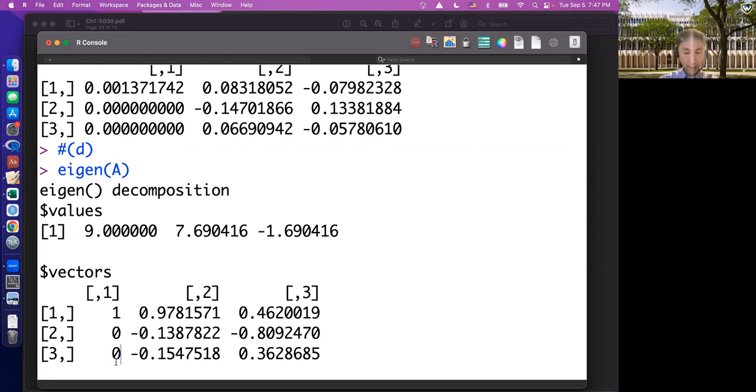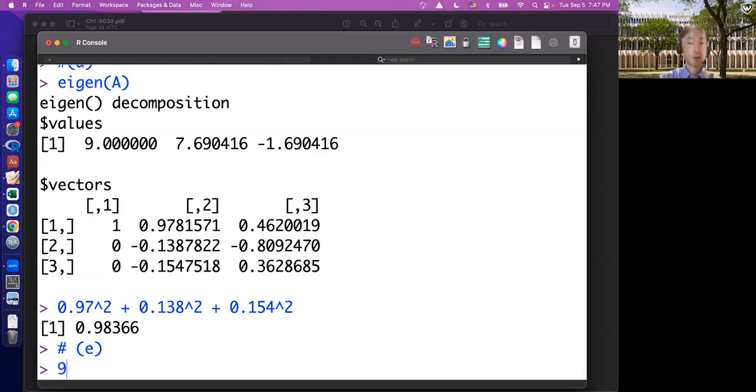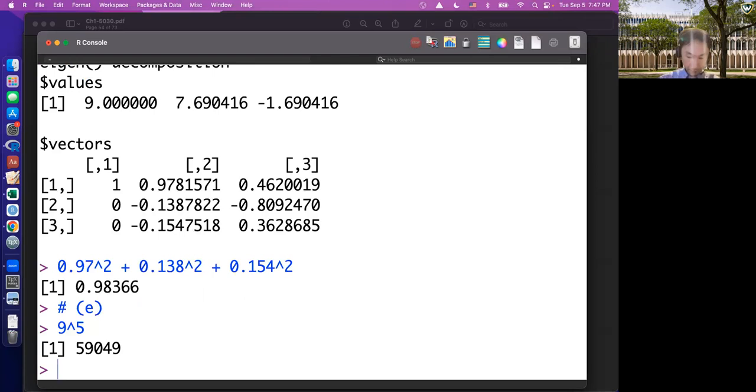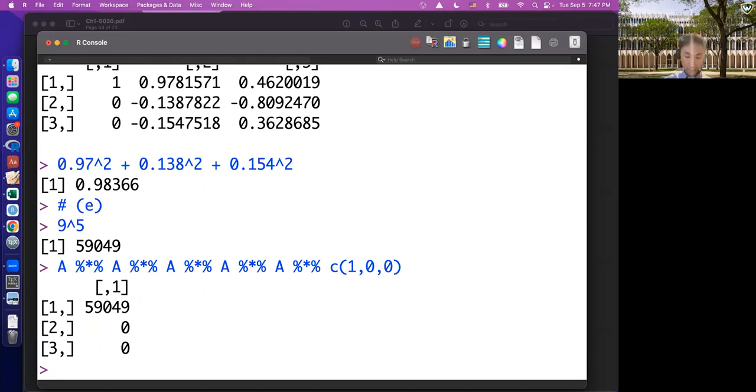So actually, when x is 1, 0, 0, the size of A to the 5th power x is largest, and the size is 9 to the 5th power. So you can do that. Maybe we put A to the 5th power, and then multiply by 1, 0, 0. So this becomes this large.